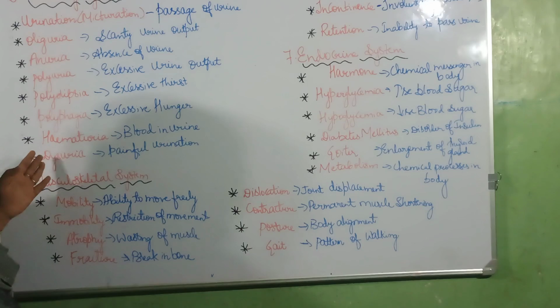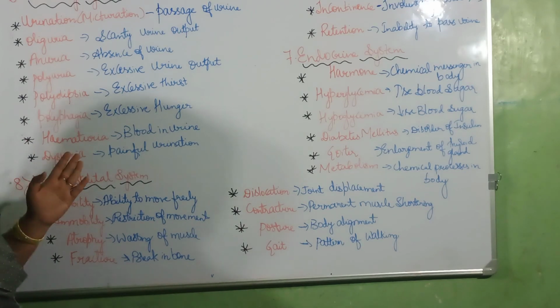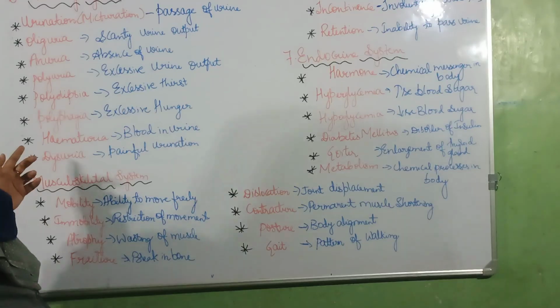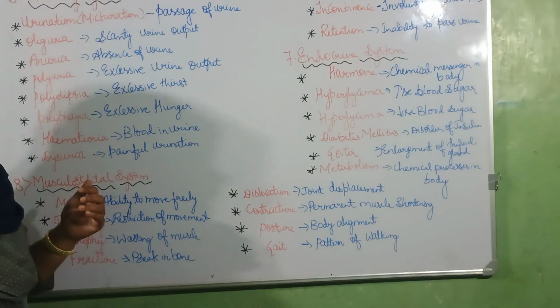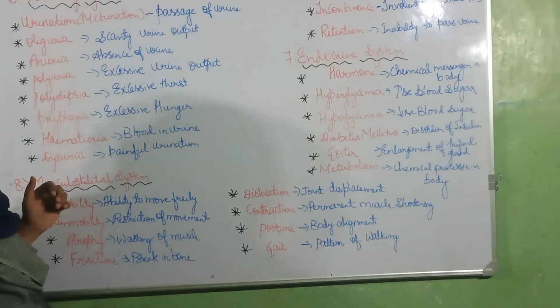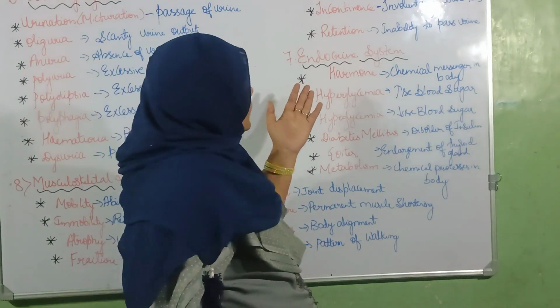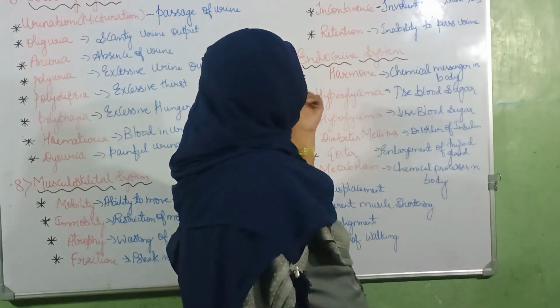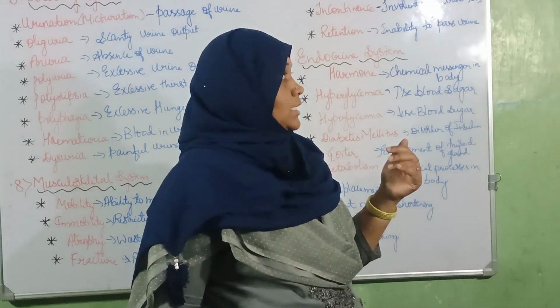This polyuria, polydipsia, polyphagia are found in the disease condition diabetes mellitus. These are the three main symptoms there. Hematuria, that is blood in urine. Dysuria, that is painful urination. And then incontinence, that is involuntary urine loss, that is not in our control. Retention, that is inability to pass the urine.